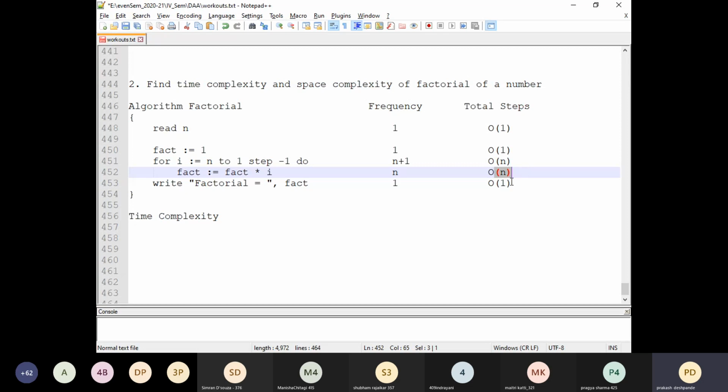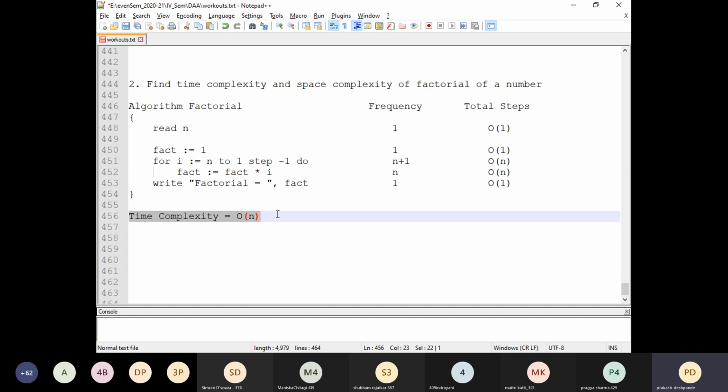This is also a linear function. This is again a constant function. That means among these we got two linear functions, which means this algorithm is a linear function. So the time complexity in terms of big O is going to be big O of n.